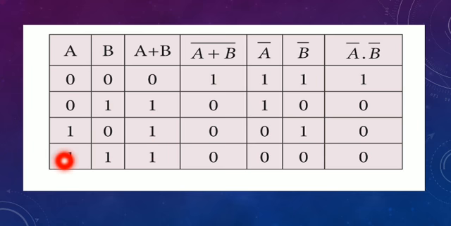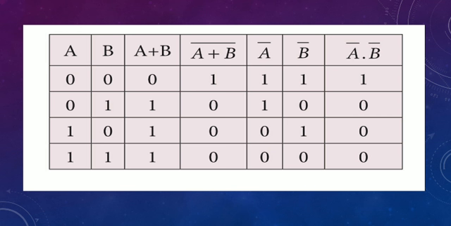The same way come to this side, A plus B, 1 plus 1 is 1, and taking the inverse, A plus B the whole bar is 0, A bar 0, B bar 0. Yes, and here A bar dot B bar, so 0 into 0 is 0. The same way we are taking the output.